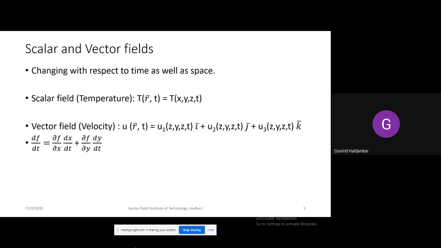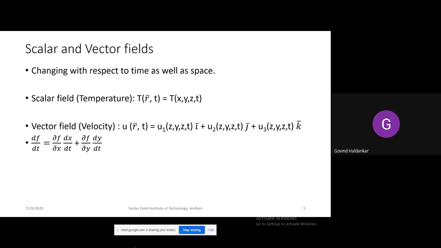So i, j, k are the three axes, i along x, j along y, and k along z. These are the components u1, u2, and u3. When you add all these components along the three axes i, j, k, you will get the velocity vector field, that is u(r bar, t).